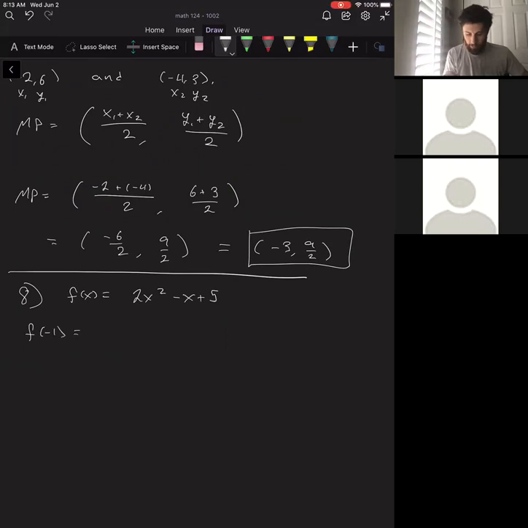All we do is, remember, whatever is inside this box here, it's an x. That x we just replace right here. So now we're going to plug the -1 in right there. So we'll have 2 minus 1 squared minus -1 plus 5. So we're just plugging in -1 for x. So here we're going to get 2 times 1, which is 2. That becomes a +1 plus 5, which is equal to 8.